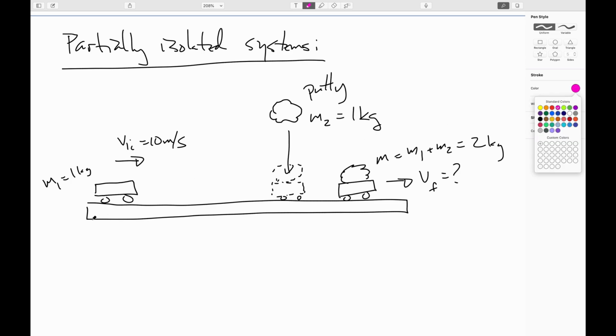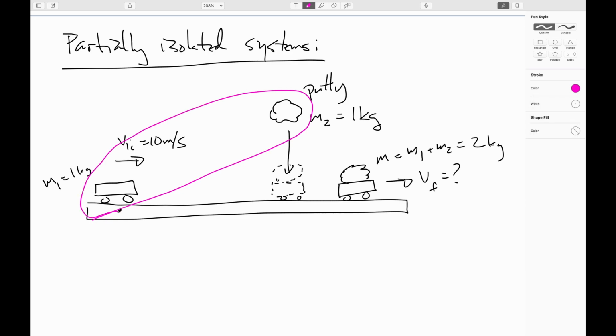So, let's go ahead and say our system is the cart plus the putty. But the problem here is that there's a normal force of the track up that has to overwhelm the force of gravity down in order to keep the cart plus putty from crashing through the track. So this is not isolated.